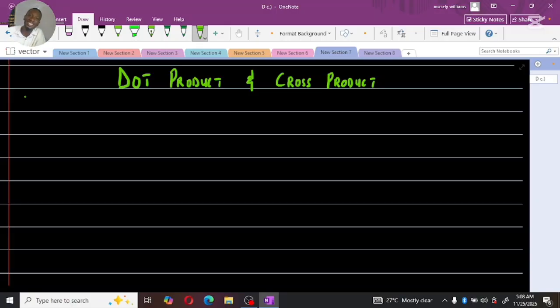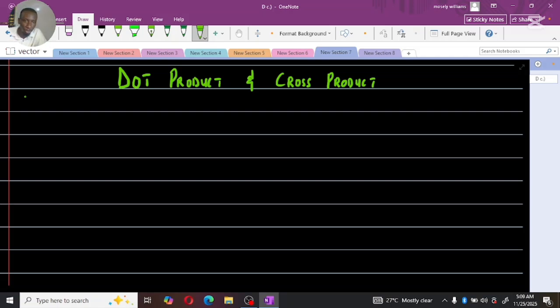Let's get to business. What is dot product? Now I need to tell you something. In vector, we have two types of multiplication. One is the dot product. When you check some textbook, they will call it scalar multiplication.